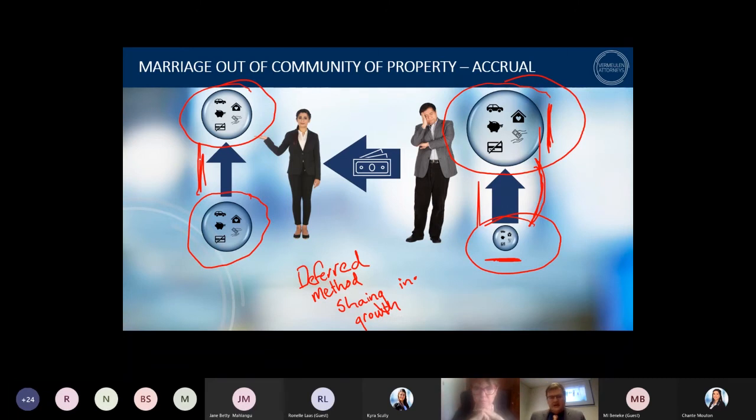Understand, folks, that an accrual claim is a claim in cash money. That's why I've got the arrow in the middle there that will show the cash payment from the one spouse to the other spouse. That claim, ladies and gentlemen, only arises upon the transpiring of one of two events, the two Ds, death or divorce.